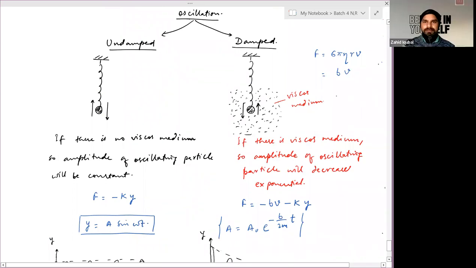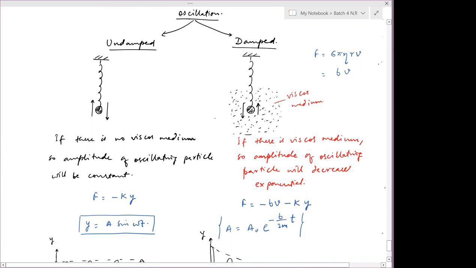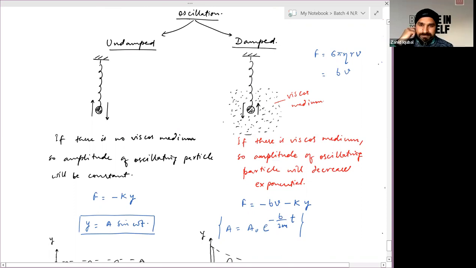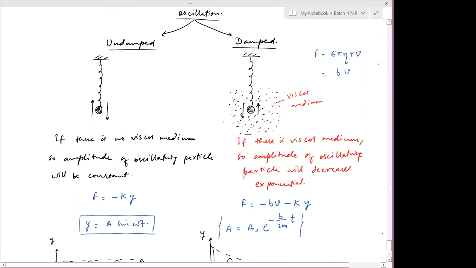Raza, any doubt? Okay, sir, let's write it down. Yes. I did not get this formula with the exponent.